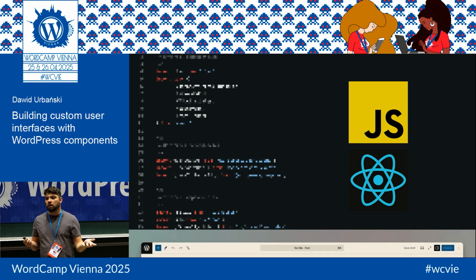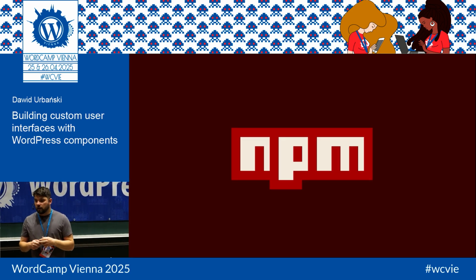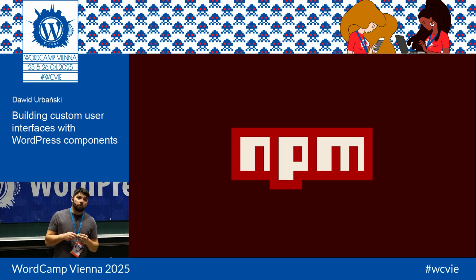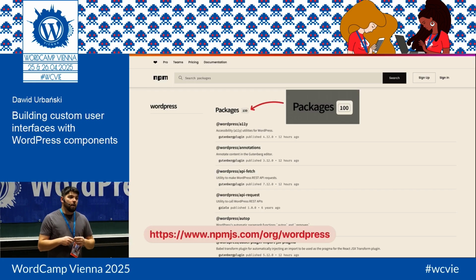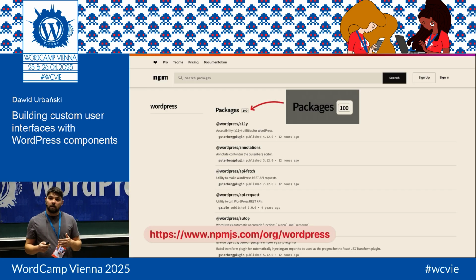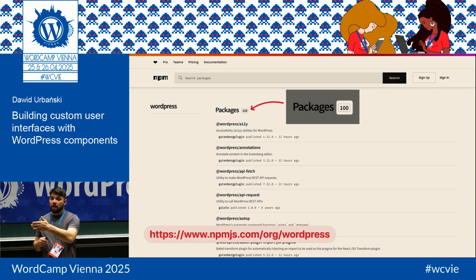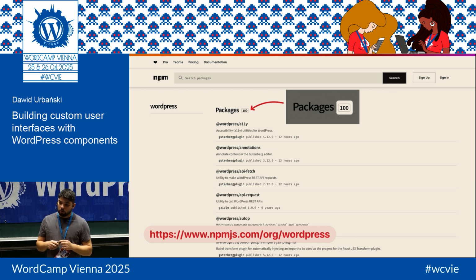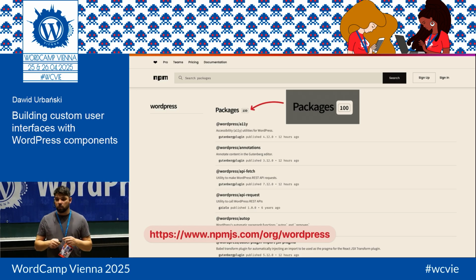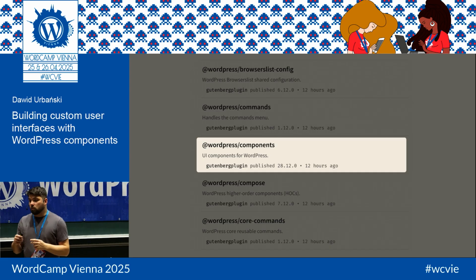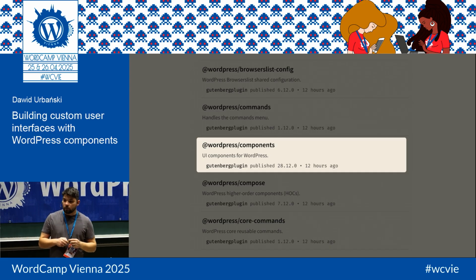If we talk about JavaScript, we also always talk about npm, the Node Package Manager. Fortunately, the Automattic team and the Gutenberg team create and maintain npm packages for almost everything. The npm organization page, npmjs.com/org/wordpress, shows over 100 packages, and the one we will be most interested in, in this talk and not only, is @wordpress/components.